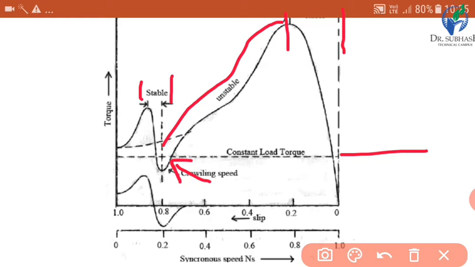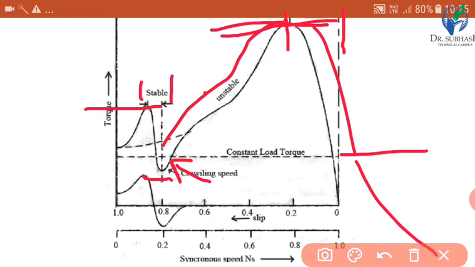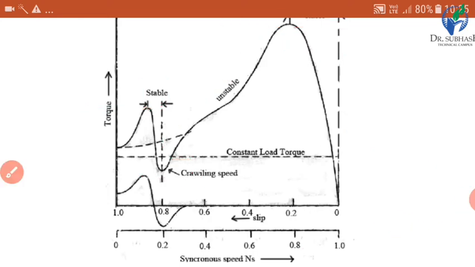We can observe here that the amplitude is this, maximum speed is here, but due to crawling there is a reduced torque also. So the frequency also reduces, because here we can see this is only a half cycle, and the same type of half cycle will be here.